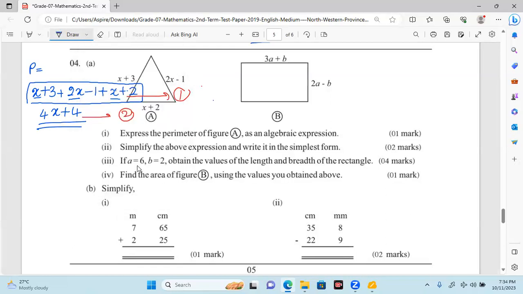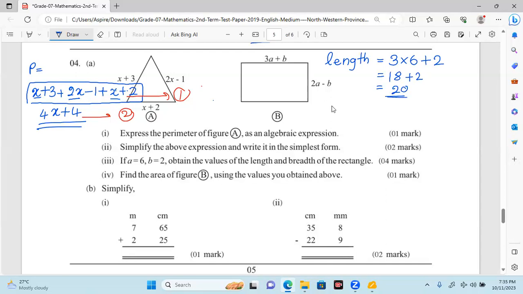Then if a equals 6 and b equals 2, obtain the values of the length and breadth of the rectangle. Okay. So length is equal to 3 into a, a is 6 now, add b, which is 2. 3 into 6 is 18, add 2, 18 plus 2 is 20.